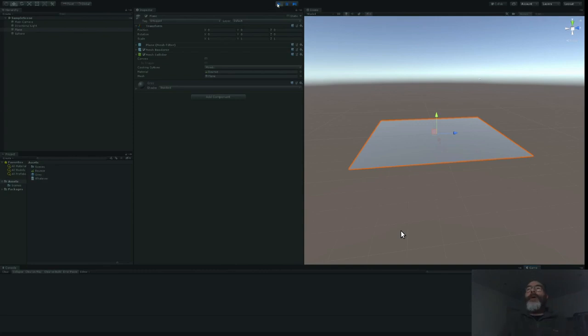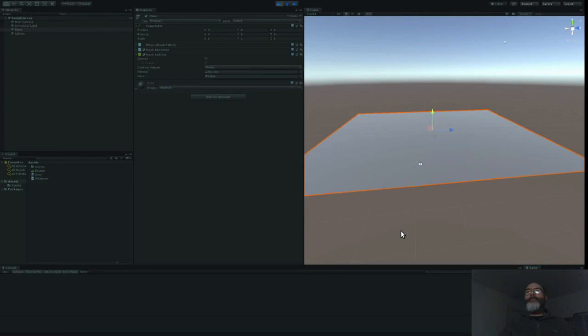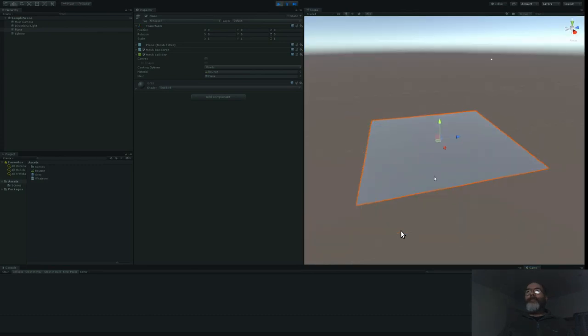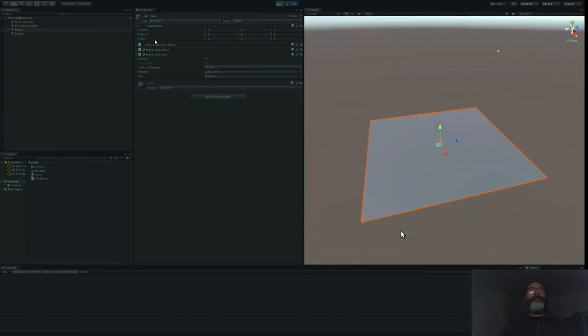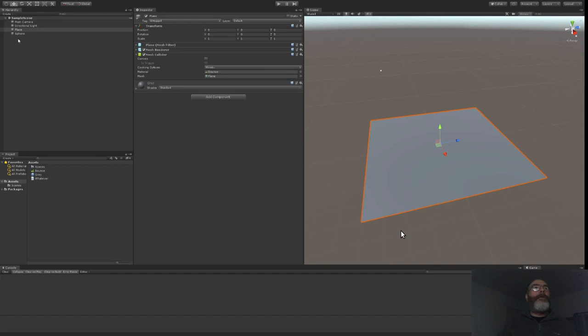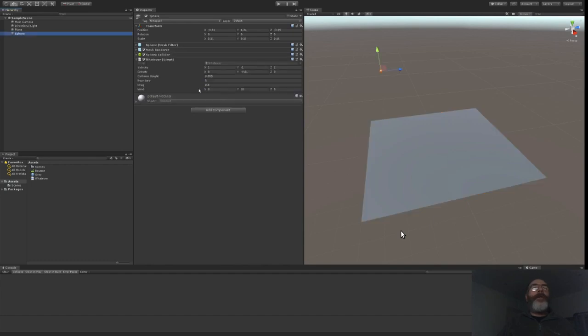This is what I had last week. And I believe on my ball, my sphere here, I had weird wind. I was experimenting with the wind. I'll just turn the wind off.